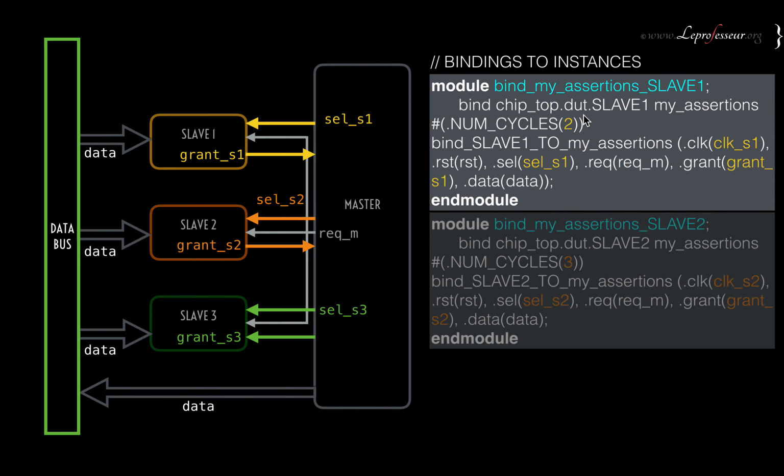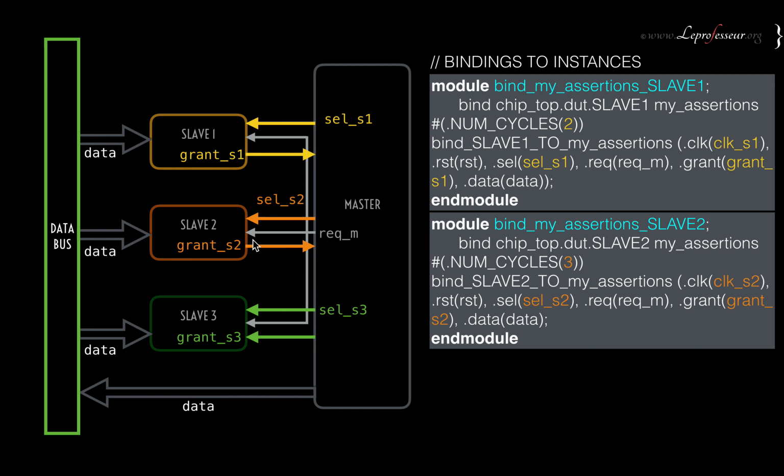Now in a similar way, I can write another bind module to bind the same assertion module file with the slave 2 instance. The bind module name, bind my assertions slave 2, bind is the keyword, and the hierarchical path to slave 2, which is chiptop.slave2 per se.